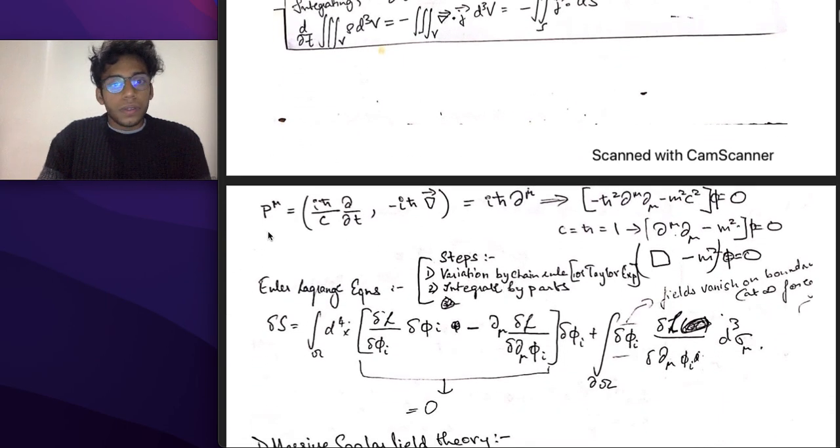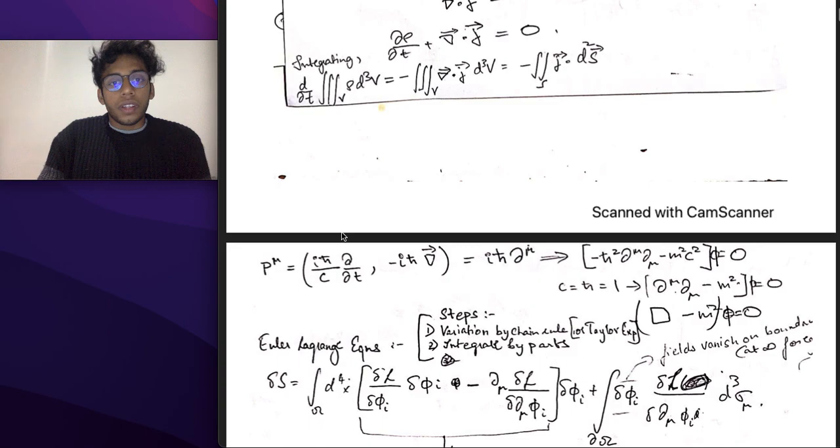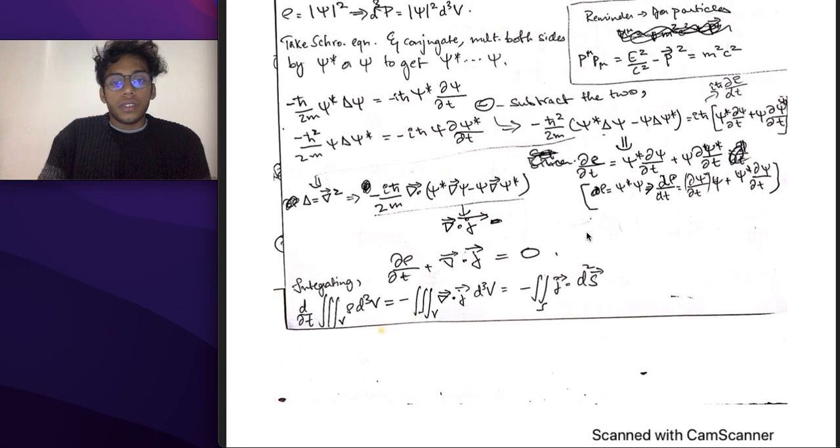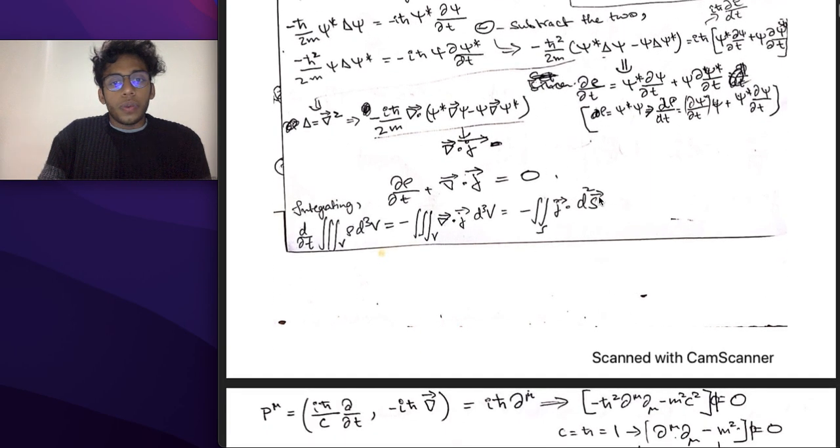You define your four-momentum as follows. In order to get something a little more relativistic, you quantize things in general principle, and then you want to get some sort of a conservation of charge.